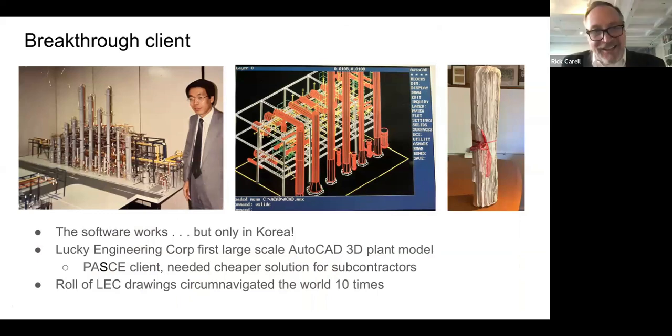Lucky did the first large scale 3D project in AutoCAD. This is S.J. Kim. He went on to be the CIO of Lucky Engineering, and I took the president of EDA to Korea, and we sat down in the Lucky offices.